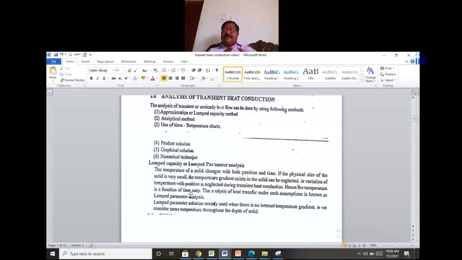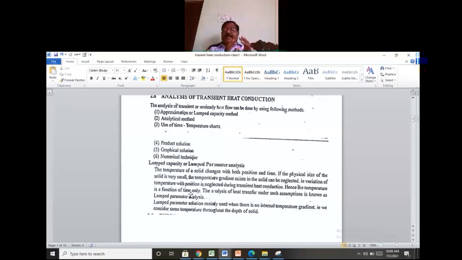Internal temperature gradient means within any one solid. Like if you take a solid iron ball, the temperature change within the iron ball will be neglected. Only the temperature change with respect to time is considered. Temperature with respect to position is neglected.